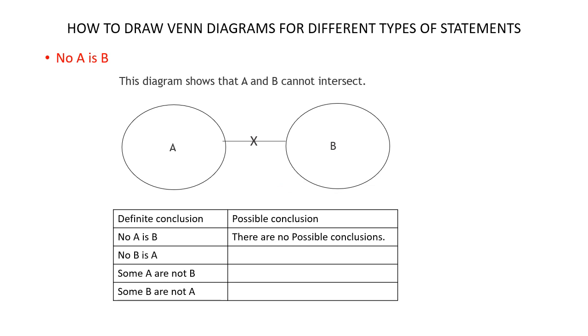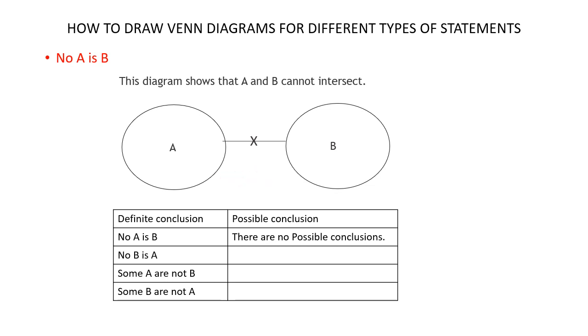Now that you have drawn the Venn diagram for the statement no A is B, let's find out what definite conclusions and what possible conclusions can be arrived at using this Venn diagram.